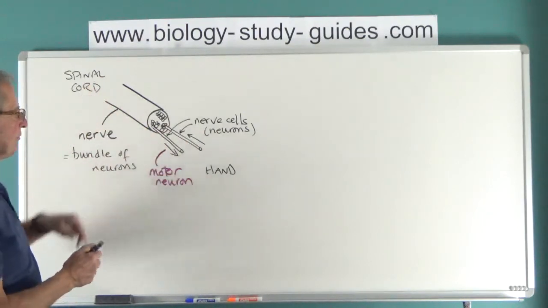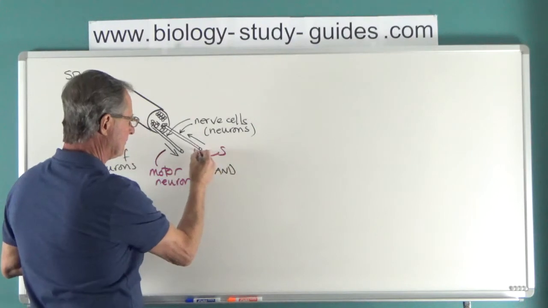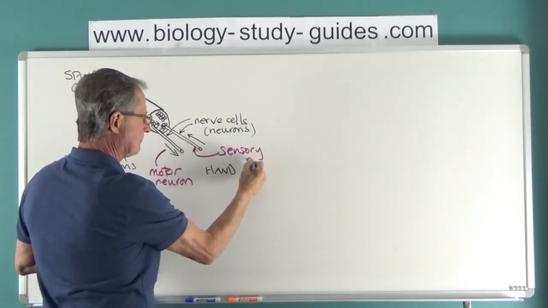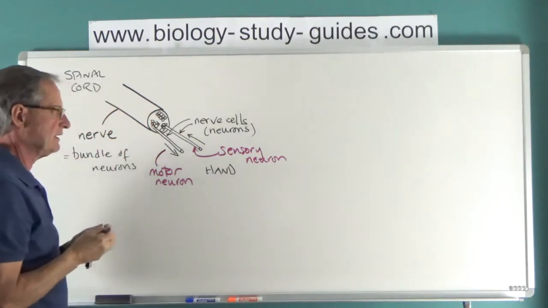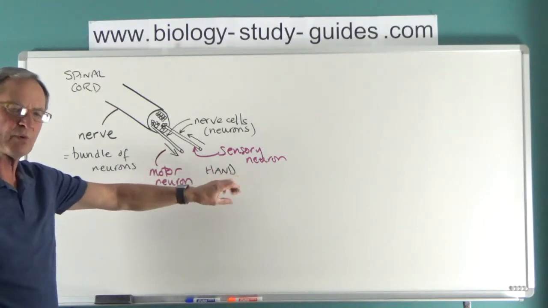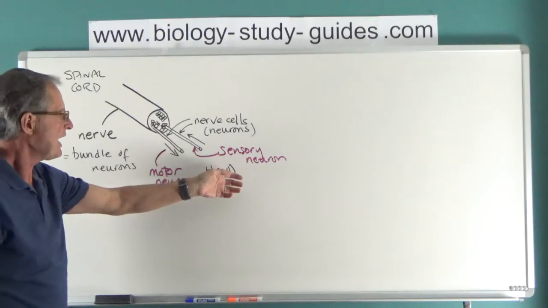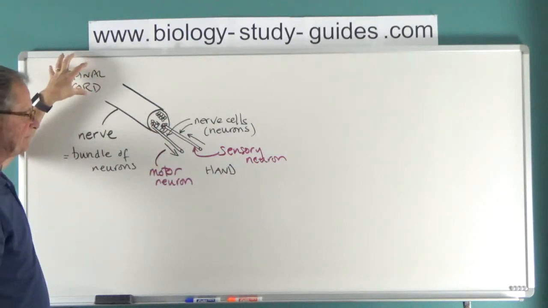This one would be a sensory neuron, where it receives some stimulus in the hand, whether it's pressure or pain or temperature difference, and it takes that message to the central nervous system for processing.